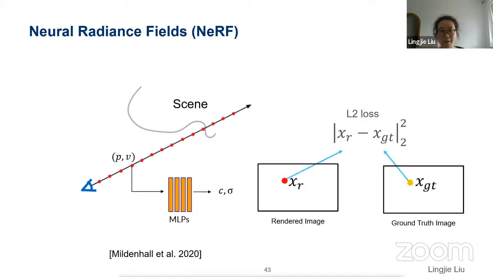Next, by evaluating the L2 loss between the rendered pixel and the ground truth pixel, this neural representation can be optimized.